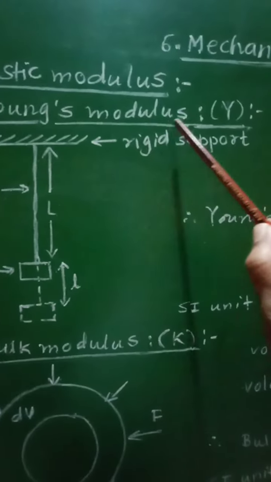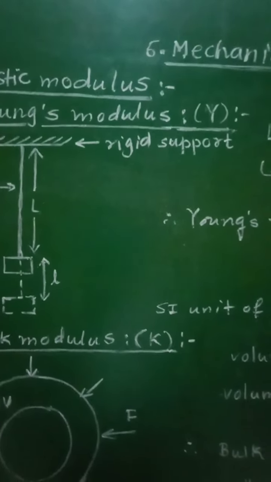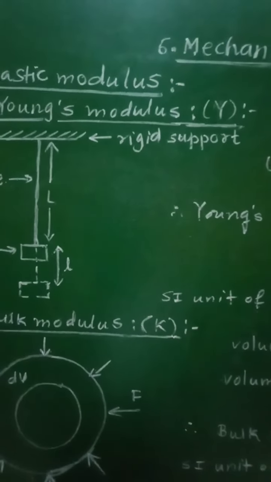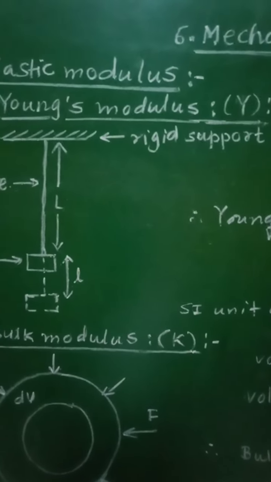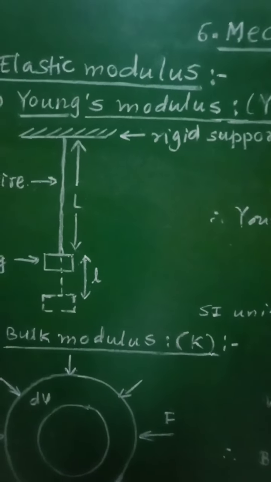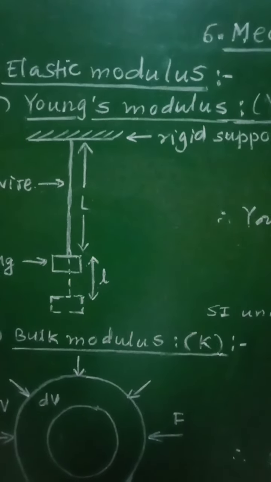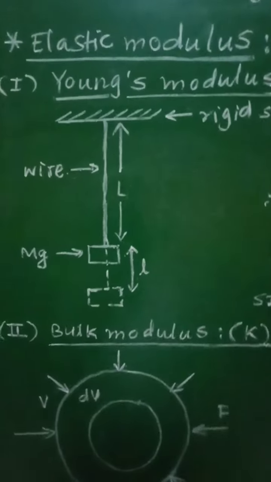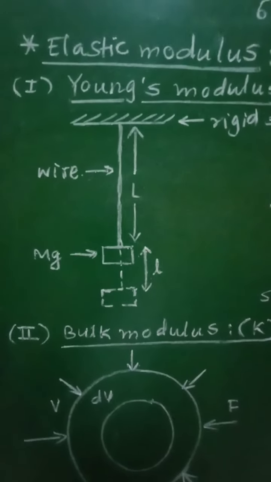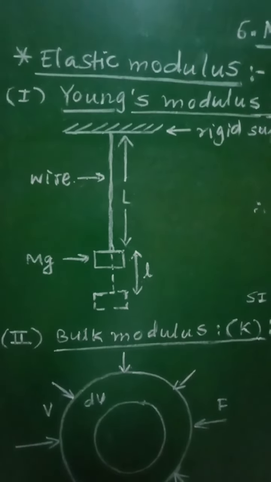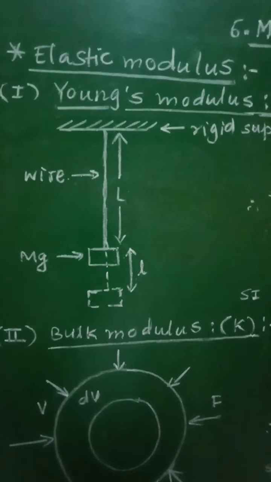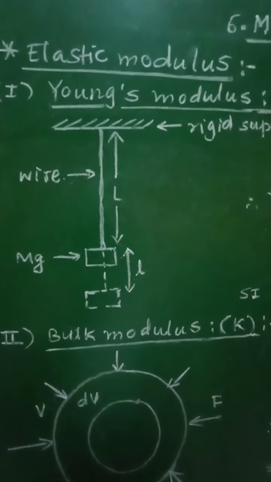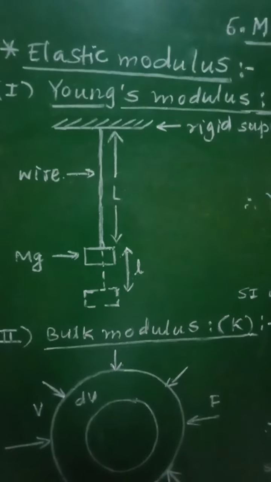We can define Young's modulus with the help of the longitudinal stress and longitudinal strain. That means if there is change in length of the body due to the application of the deforming force, then we can define Young's modulus.